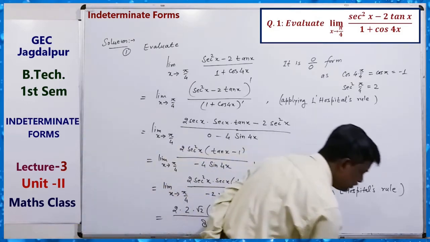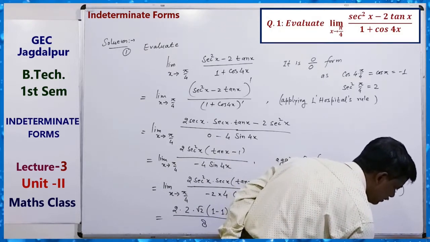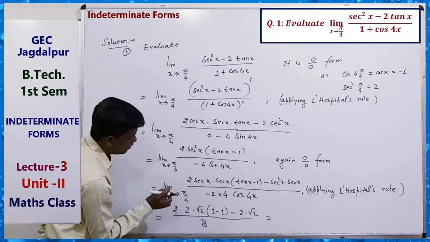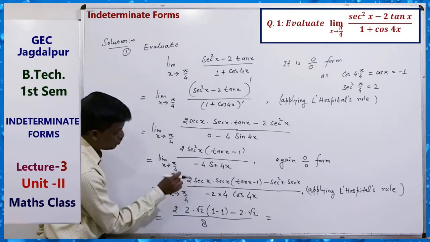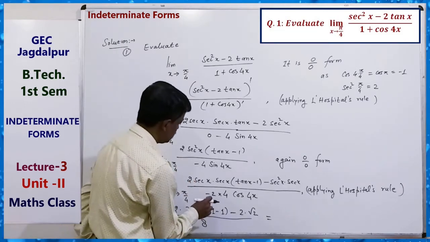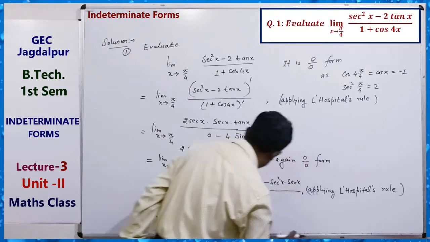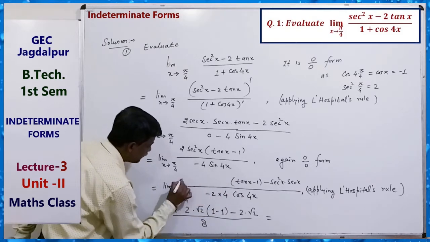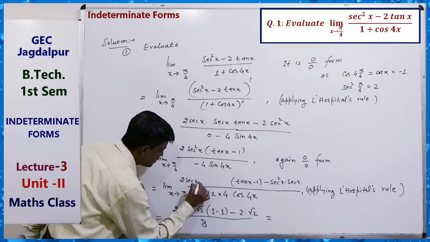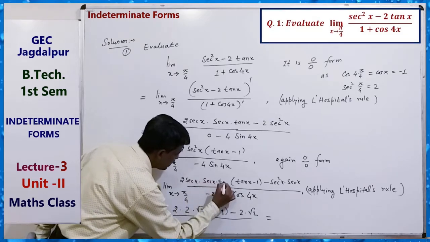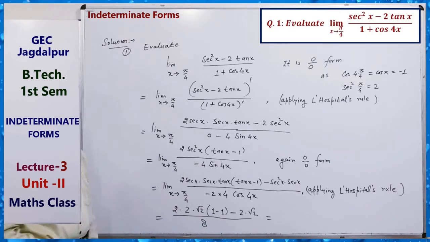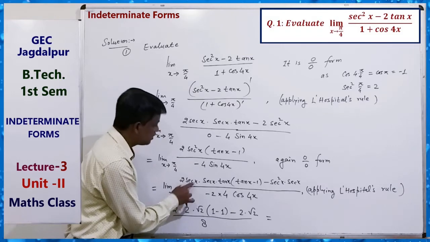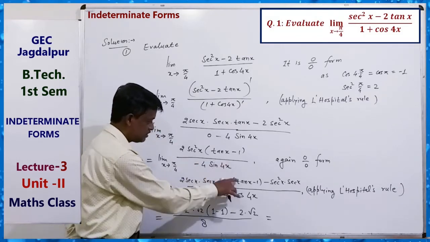Sorry, this is not square. 2 sec x into sec x tan x. Here this differentiation is wrong. Sorry. 2 sec x, differentiation of sec square x is 2 sec x into sec x tan x, and as it is this function.